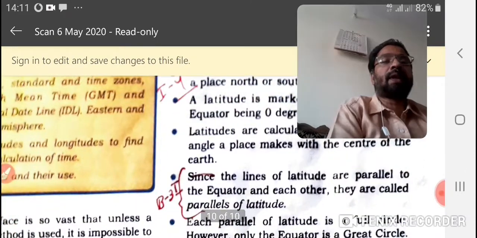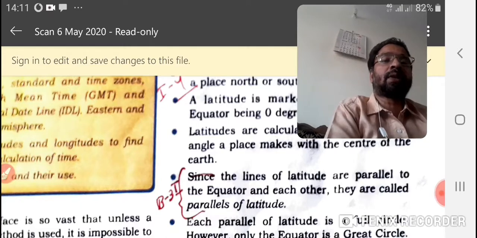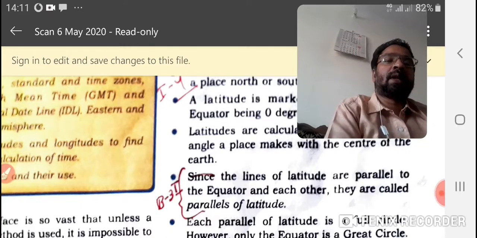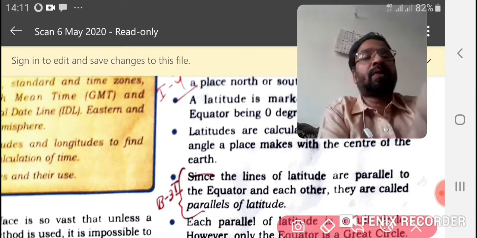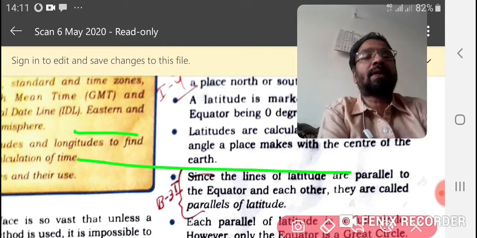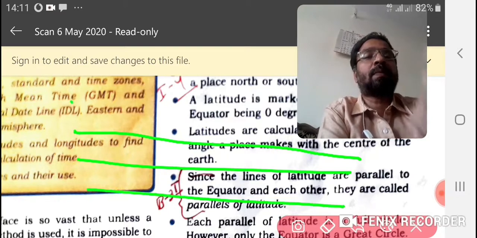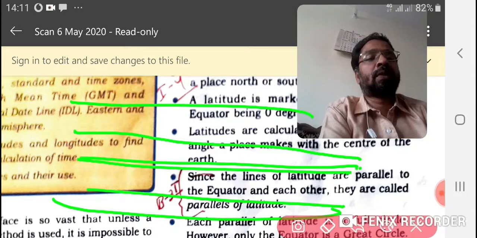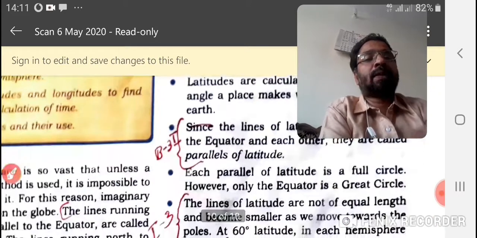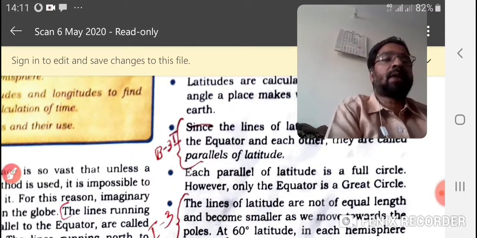Since the lines of latitude are parallel to the equator and to each other, they are called parallels of latitude. We can see that when we first draw the equator and then parallels, down, up, down, up. The center will be the equator.